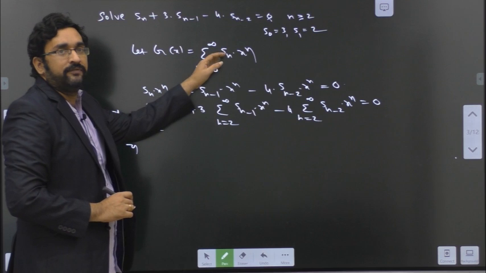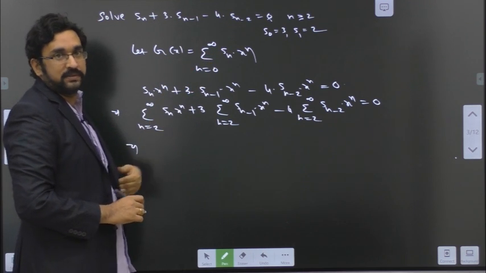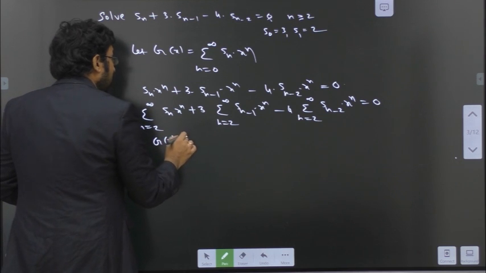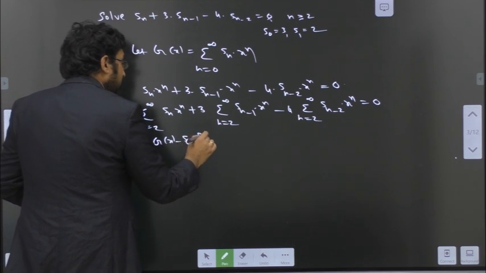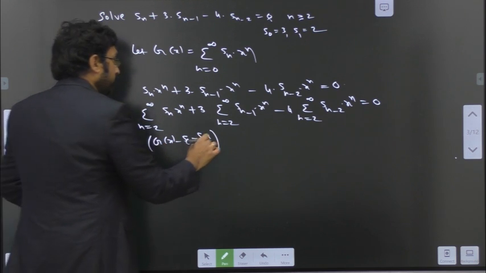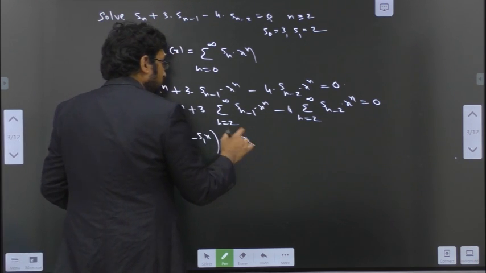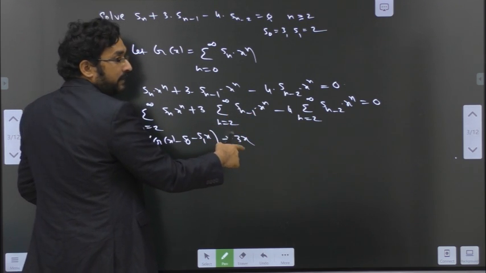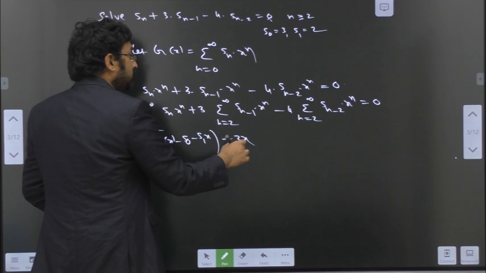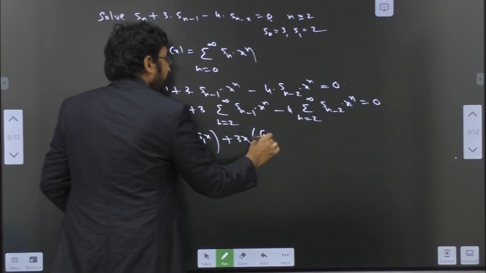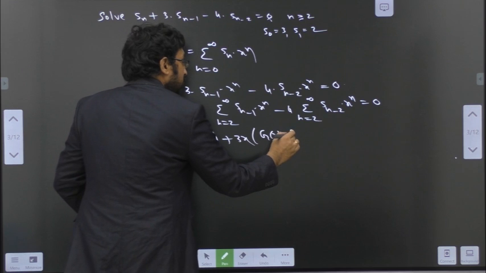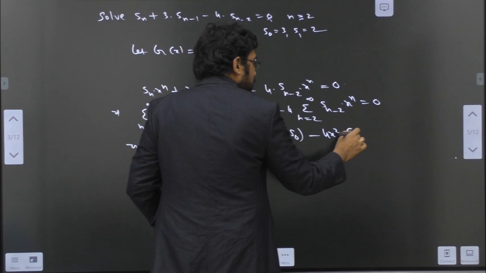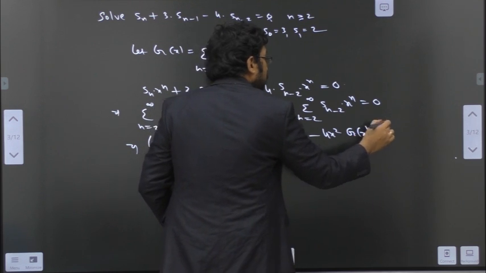That's why from g of x we should remove the first two terms. So we can write g of x minus S_0 minus S_1 x, plus 3 into x into, here the difference is 1, so the first term should be subtracted, multiplied by x, so 3 into x into g of x minus S_0, minus 4x square into g of x, written as it is, equal 0.